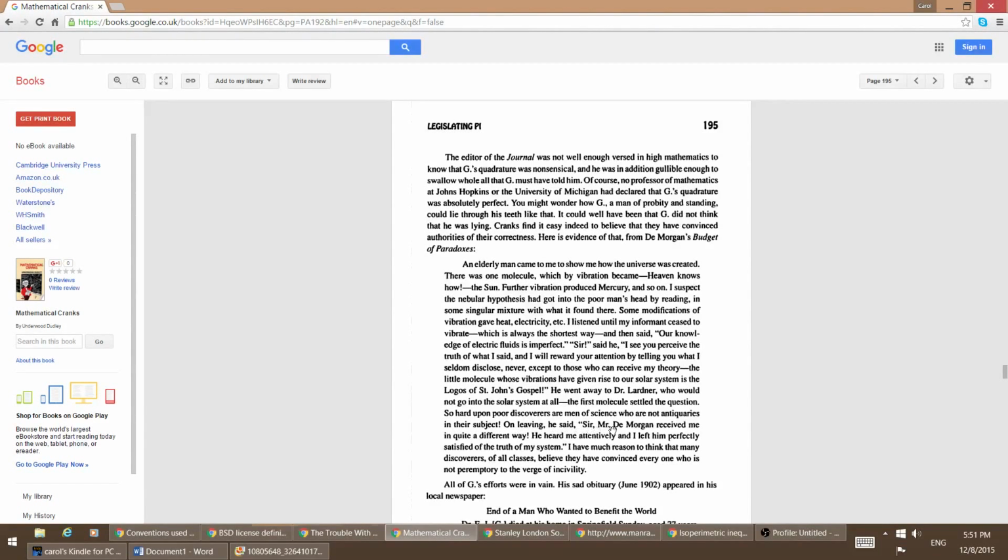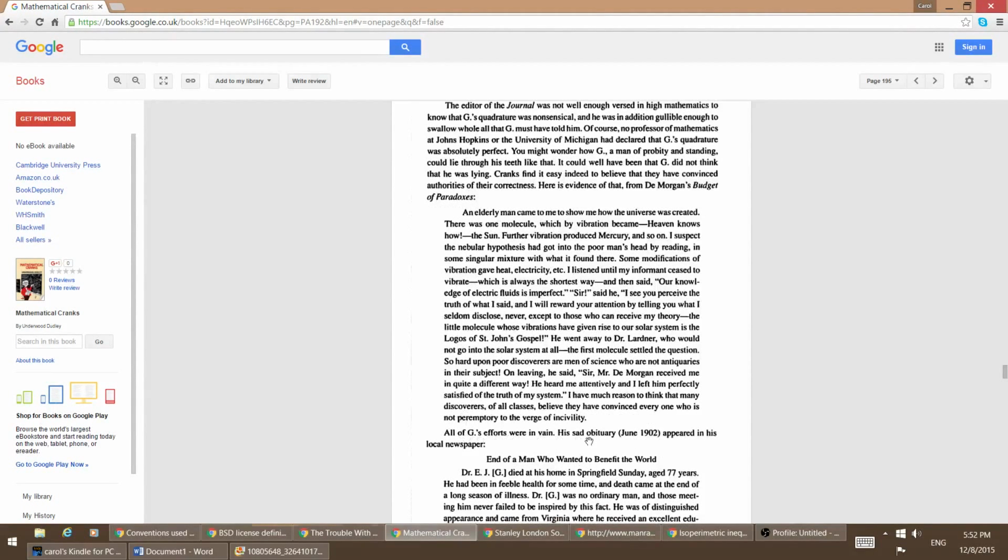On leaving, he said, 'Sir, Mr. De Morgan received me in quite a different way. He heard me attentively, and I left him perfectly satisfied of the truth of my system.' I have much reason to think that many discoverers of all classes believe they have convinced everyone who is not peremptory to the verge of incivility."